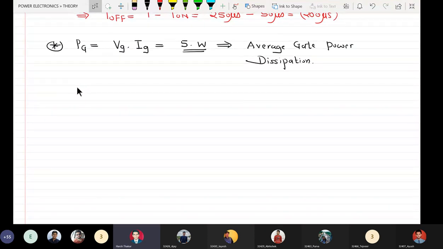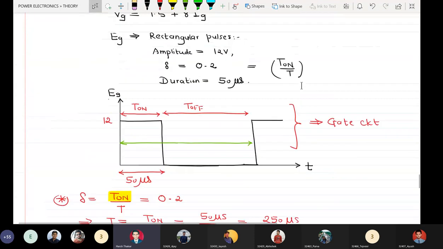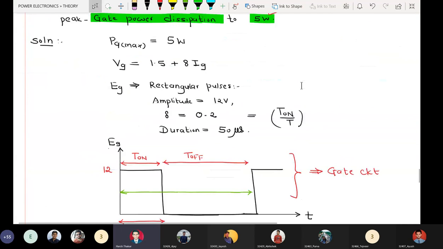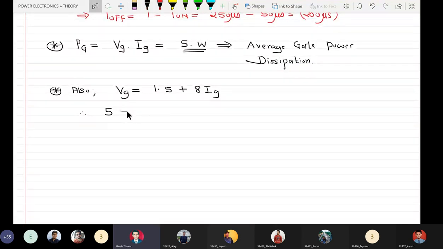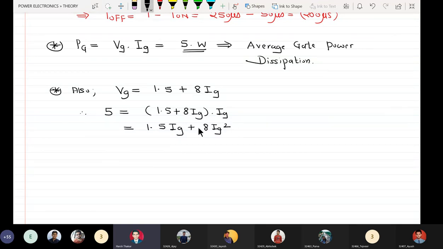Also Vg is equal to 1.5 plus 8 Ig. Therefore 5 equal to 1.5 plus 8 Ig into Ig, which is equal to 1.5 times Ig plus 8 Ig square.